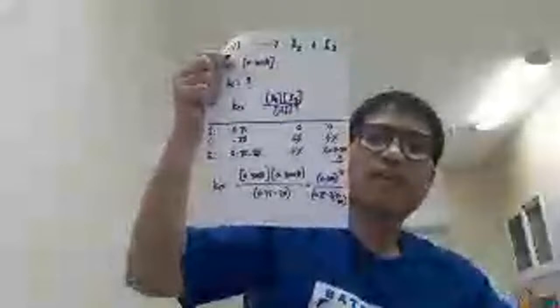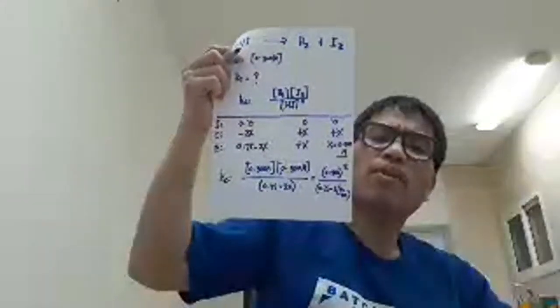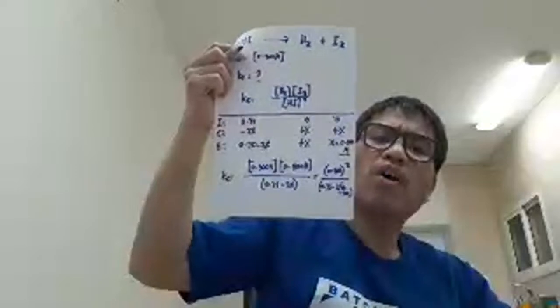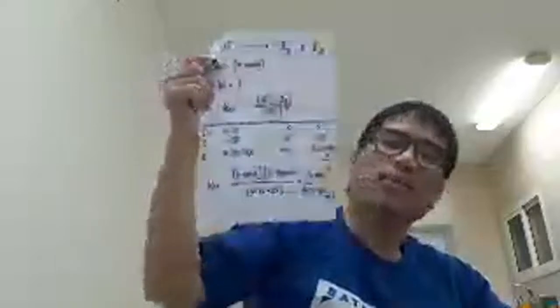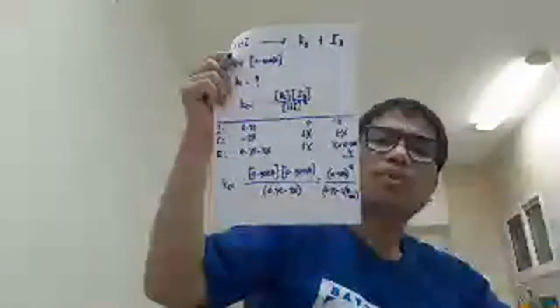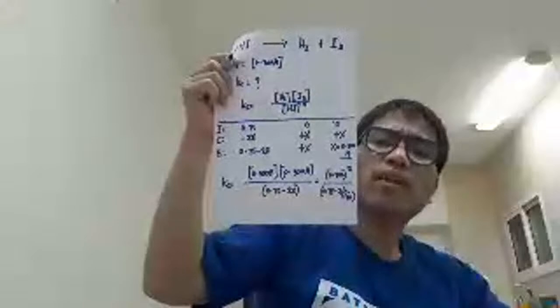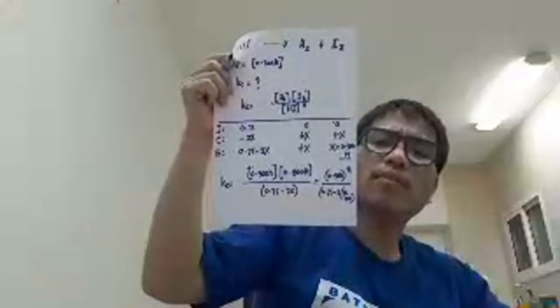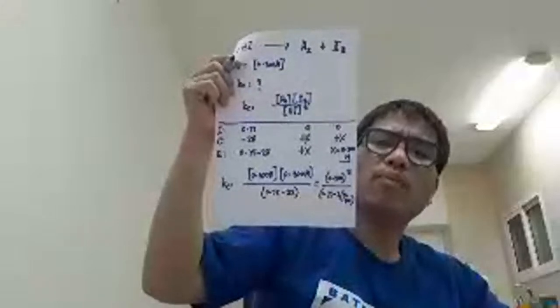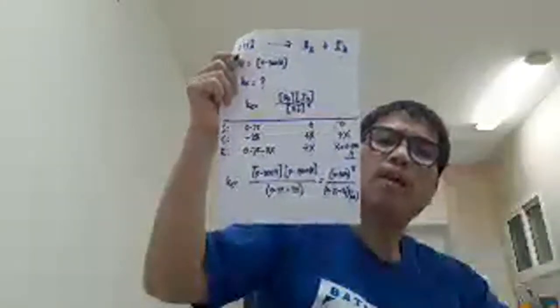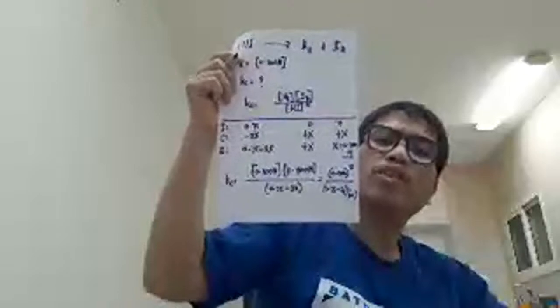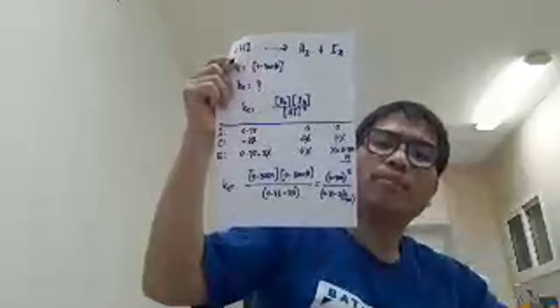We can get our Kc now. So Kc is equal to 0.300 times 0.300 over the concentration which is 0.75 minus 2x. So 2x, 2 times 0.300 molar. Okay, for x, because we already solved the x in the equilibrium concentration above in our ICE method. Now we can compute for the Kc, which is being asked in the problem.